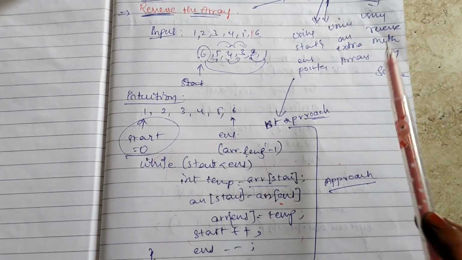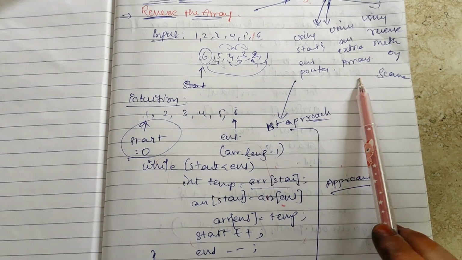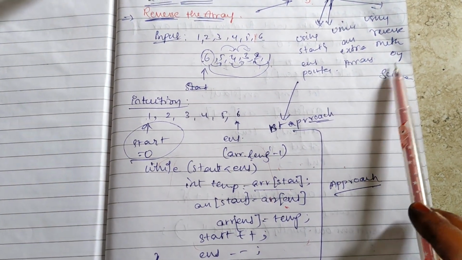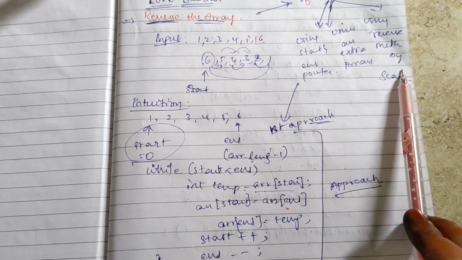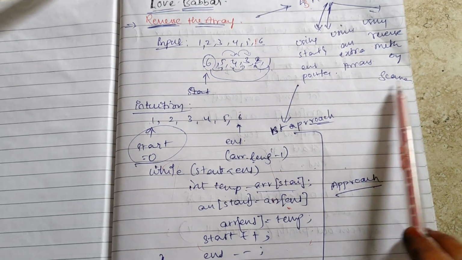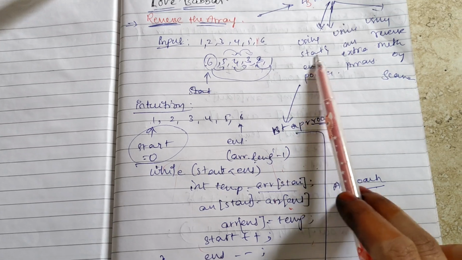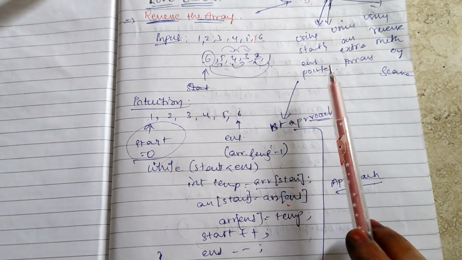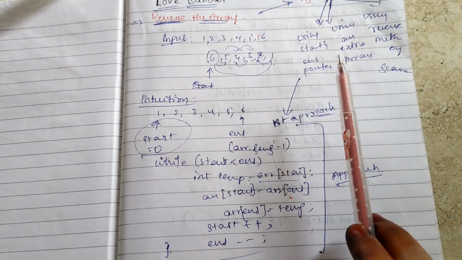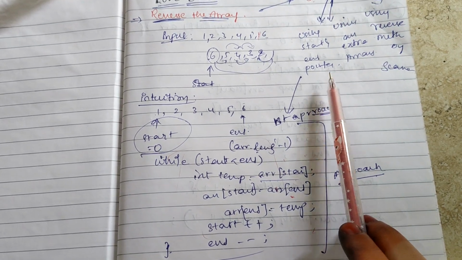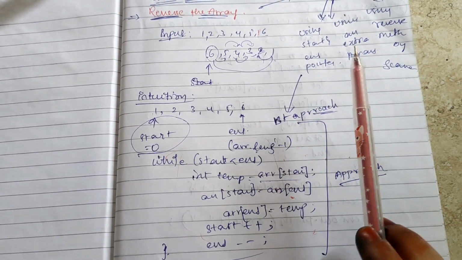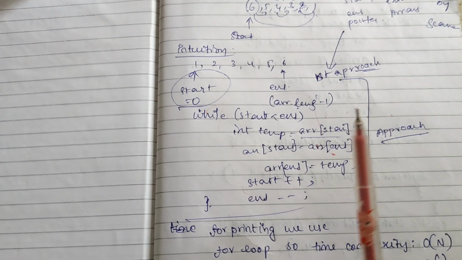And another one is the inbuilt reverse method. But I'm not talking about those 2 because this is the most optimal one, which everyone can understand easily, and according to time complexity and space complexity, it is perfect.